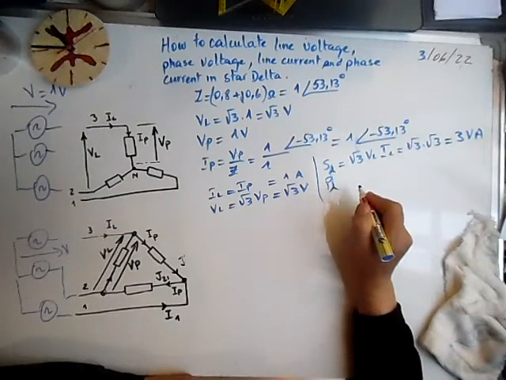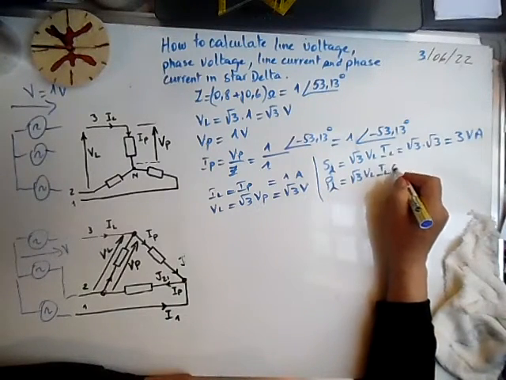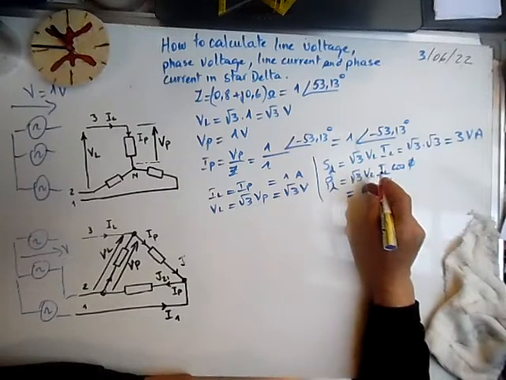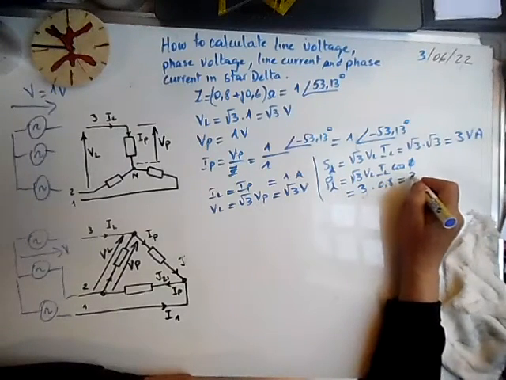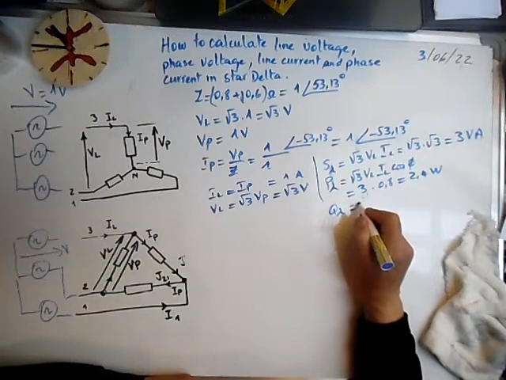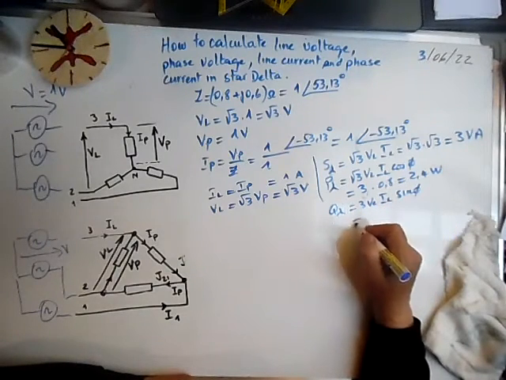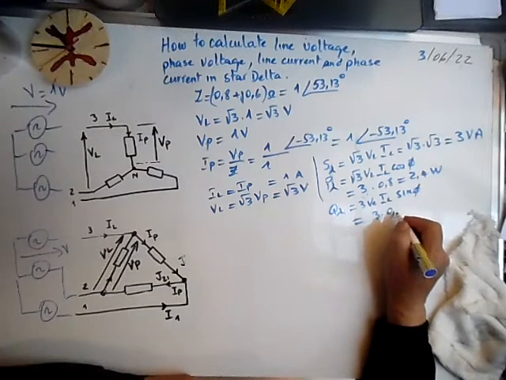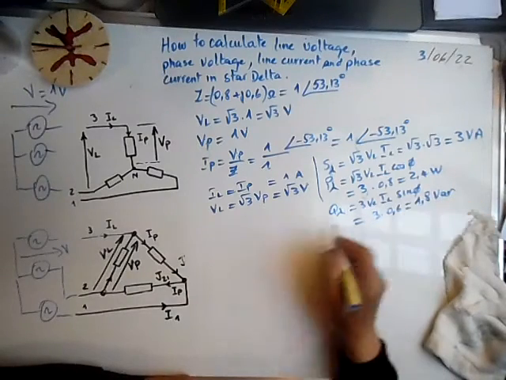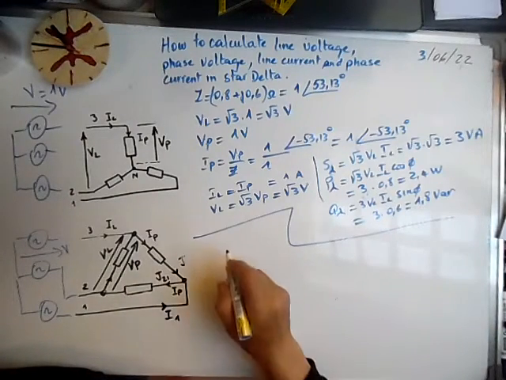P for the star connection is equal to square root of 3 VL IL cosine phi, and it's S times 0.8. It means we have here 3 times 0.8, it's 2.4 watts. Q, we can calculate it, it's S times sine phi, and it's 3 times 0.6, and it's 1.8 volt ampere reactive.